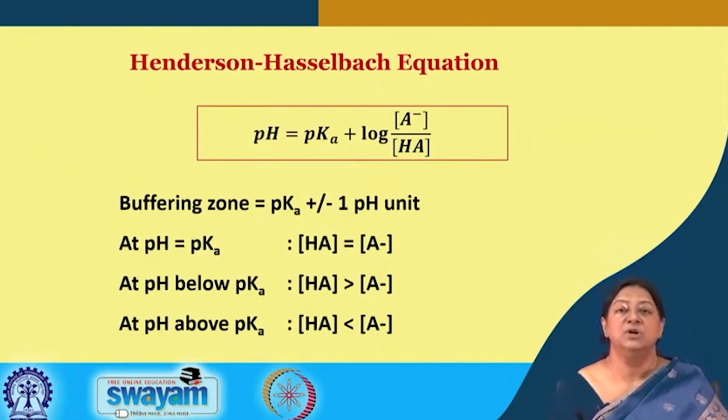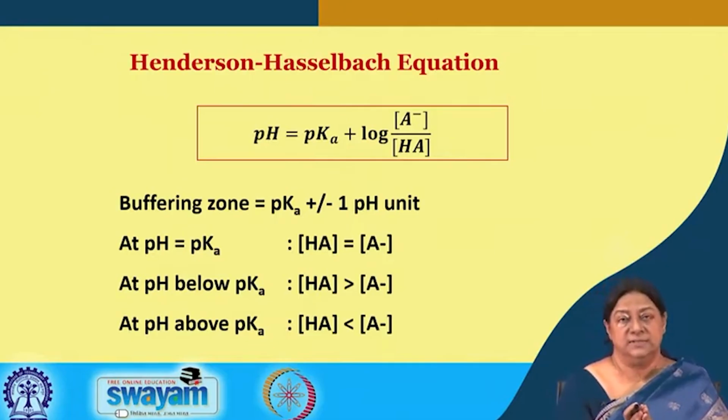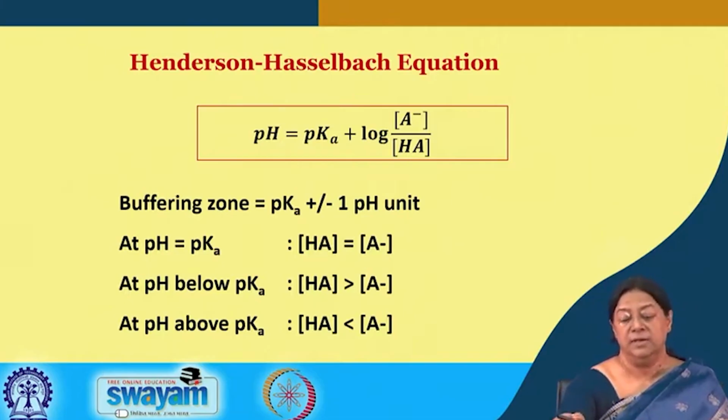So, we have what is called a buffering zone. When there is 10% dissociation, or 10% of A minus formed from HA, if we say this is 10% and this is 90%, then we make a ratio of 10 by 90, so 1 by 9.